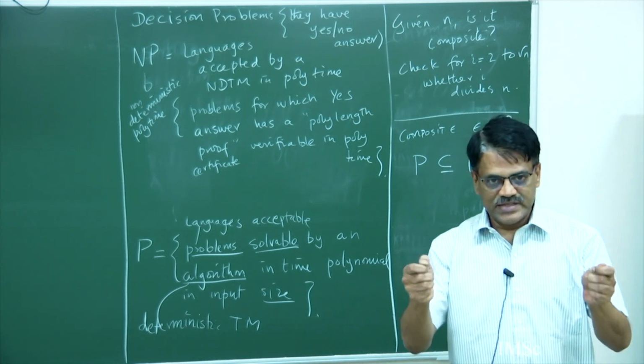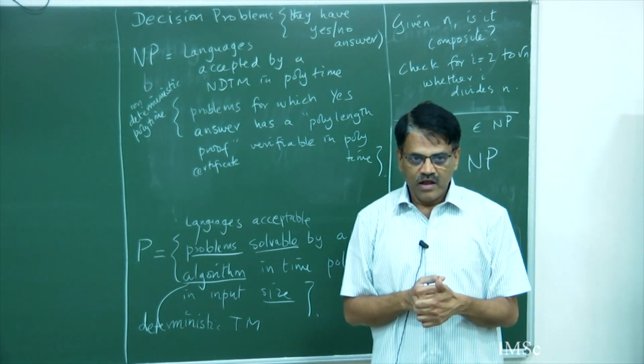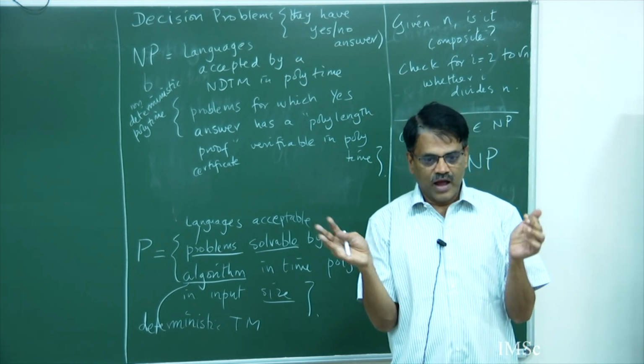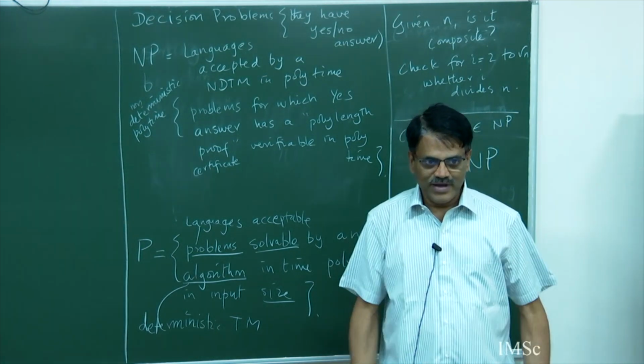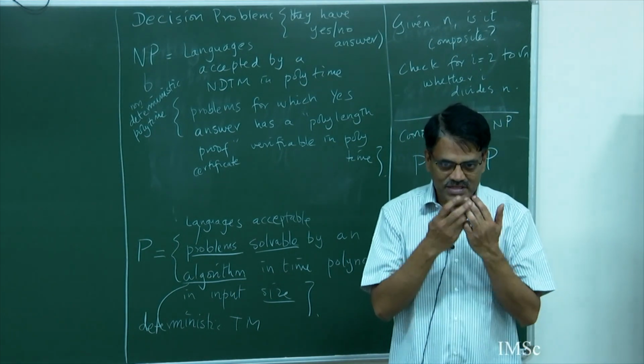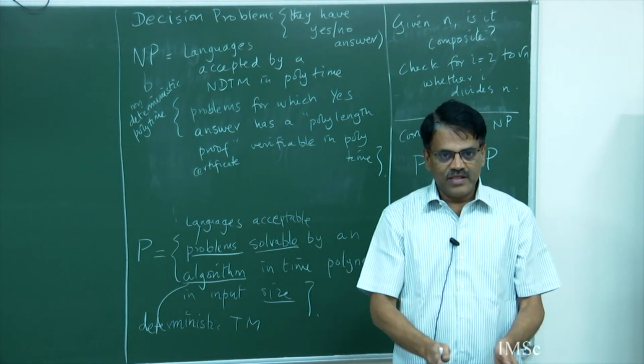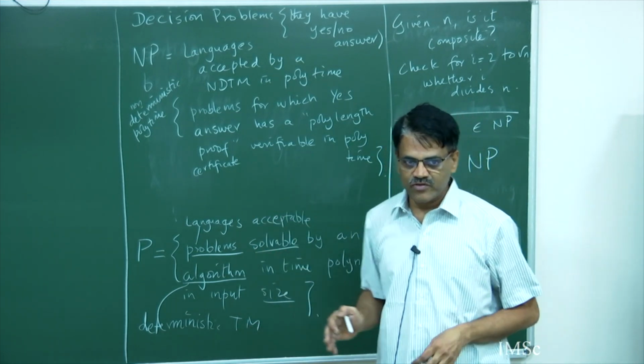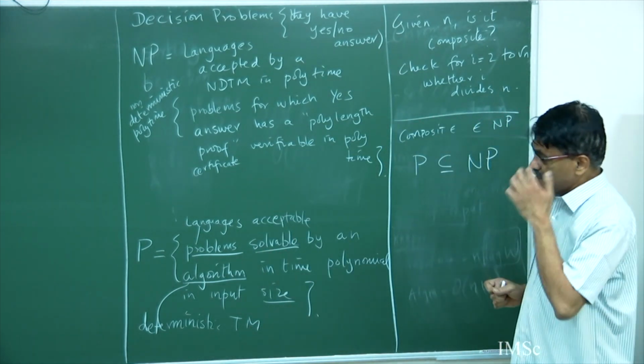Here is a problem, and it says you give the yes answer, and how do I verify? You don't need to give me a certificate. I run the polynomial time algorithm and check. Because it is deterministically poly time, I can verify convincingly, even without a certificate. So P is contained in NP.